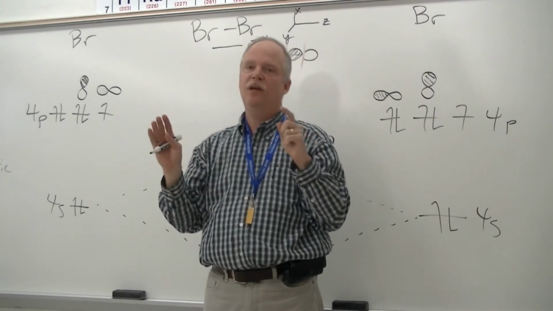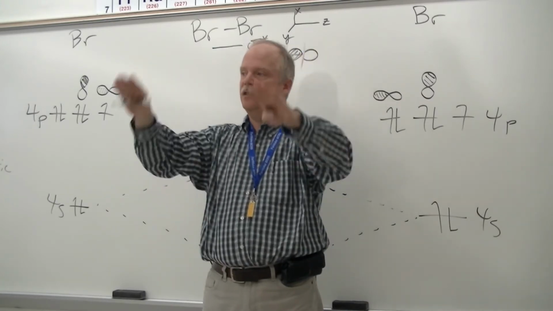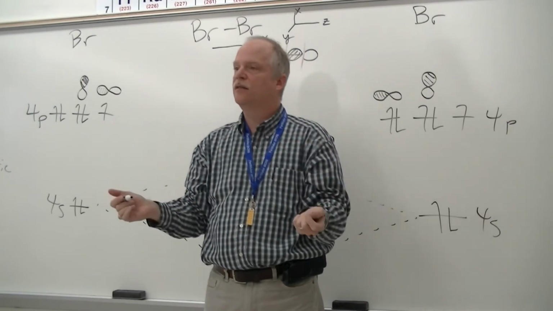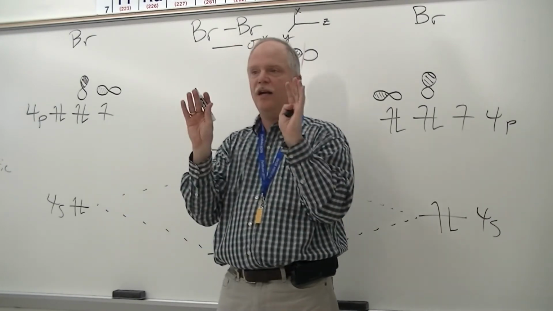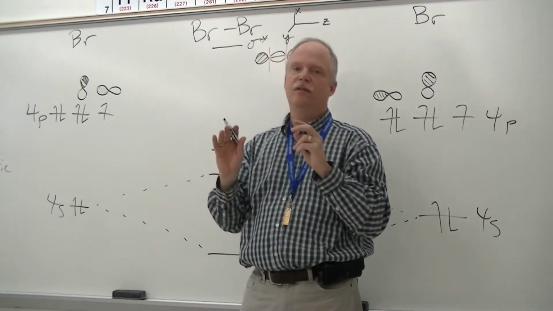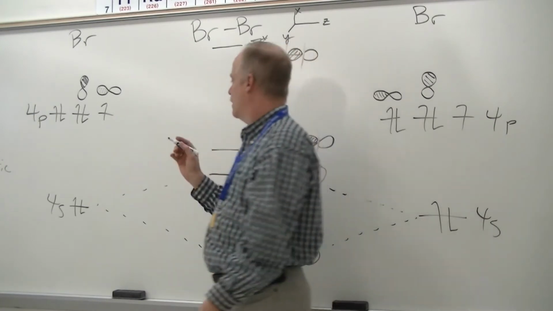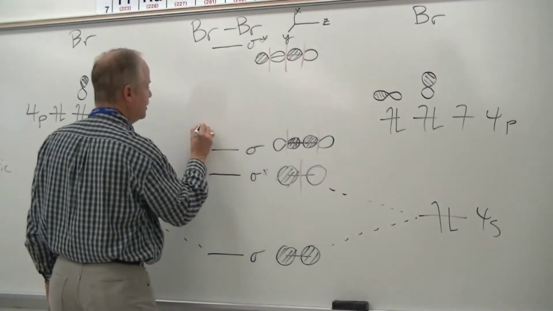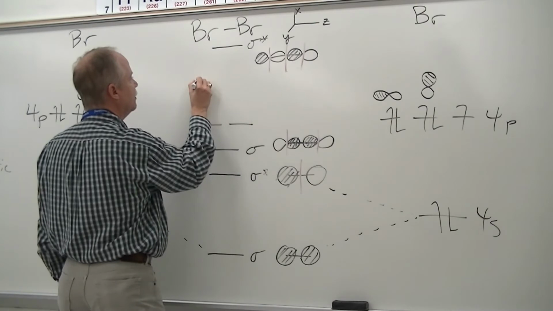So the px and the py are really the same, they're just rotated 90 degrees. So it's going to be the same interaction, but different orientation in space. So this is going to be two energy levels that are degenerate.